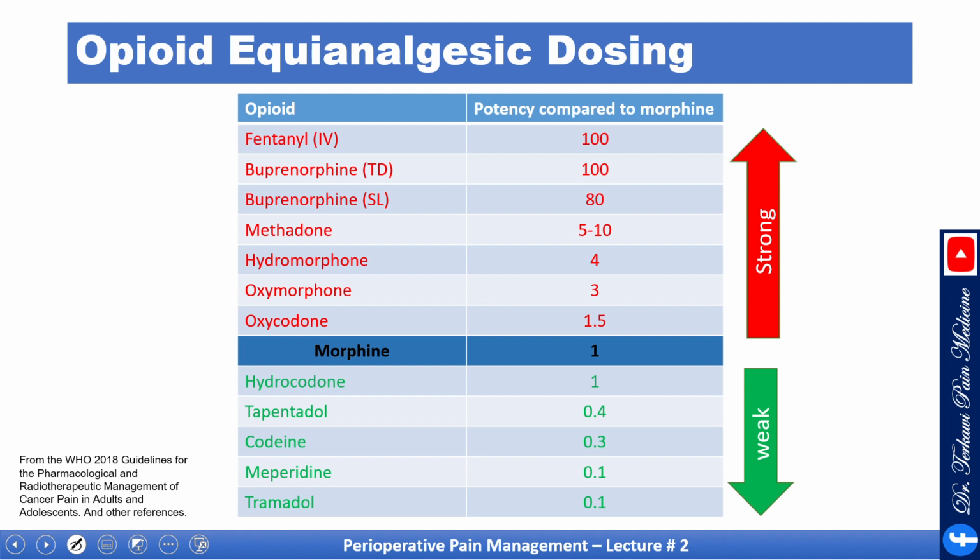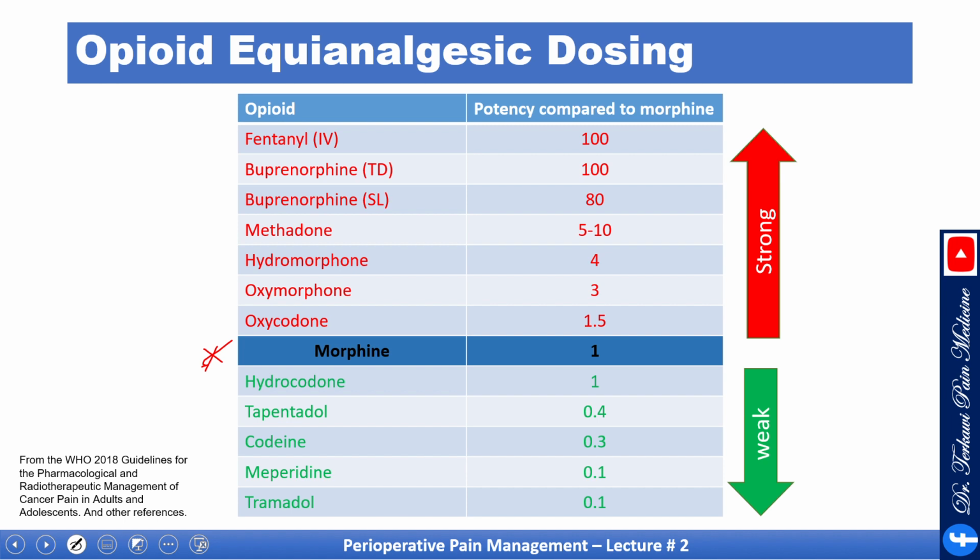Now, what that means, this is the potency of opioid. This is a very important slide also. So that's your 0 line, the morphine. We're comparing to morphine. Anything below that, the green, it's weaker opioid. As you see, the hydrocodone is equivalent. Then tapentadol is 0.4, codeine 0.3, meperidine 0.1, tramadol 0.1. When you go above that line, they are stronger opioids. So stronger opioid.